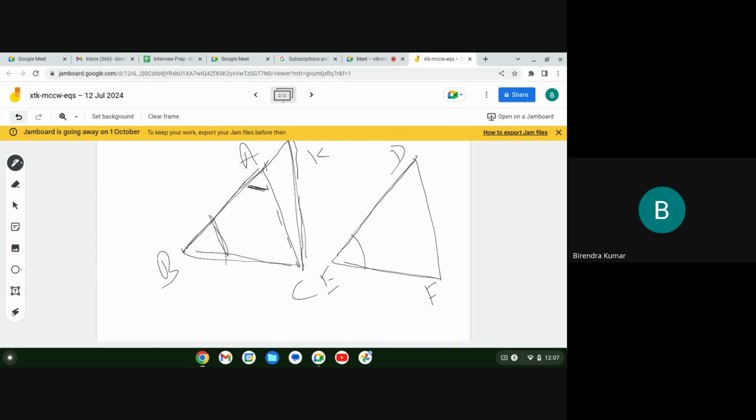But tell me, is this technically possible? I'm just thinking how you can prove it in an easier way. There's one easy way.